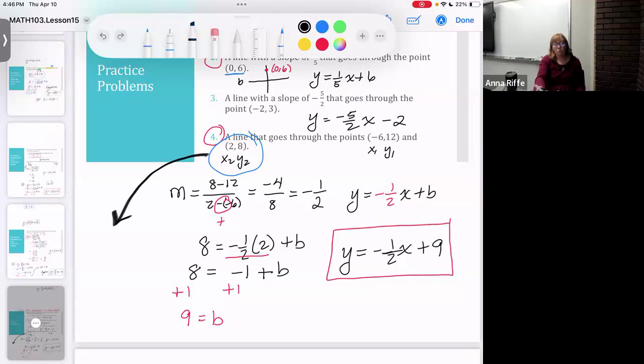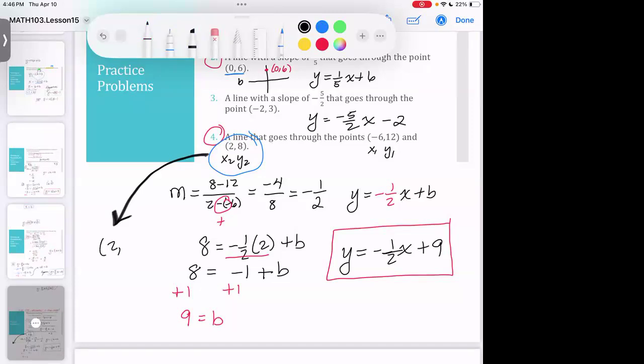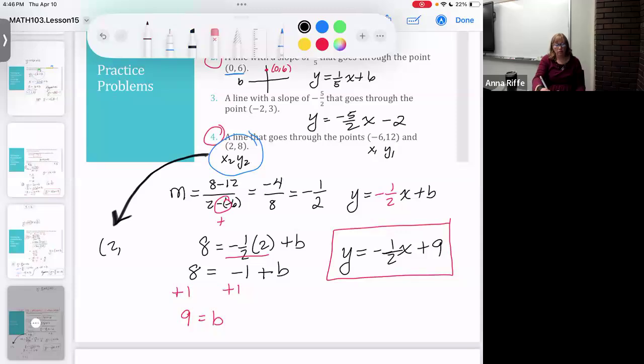It actually doesn't matter which point I choose. You could have used the 12 instead. Yep, I could have. I chose this particular one because both numbers are positive. And I just think positive numbers are easier to deal with, but I could have just as easily used the other one. So I called 2 x and I called 8 y.